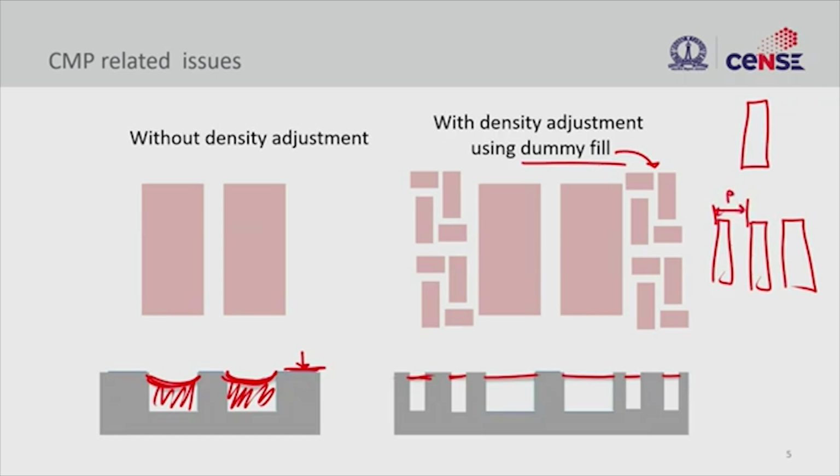It should be of certain pitch, and this line and this space should be equal, and so on, right? But then if you ask any process engineer, it is easy to achieve a periodic pattern, right, with the required specification compared to an isolated line or isolated trench.